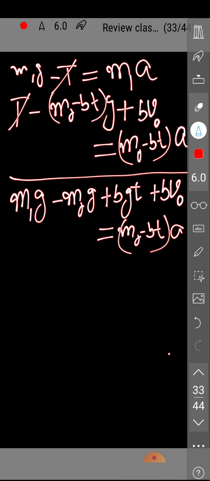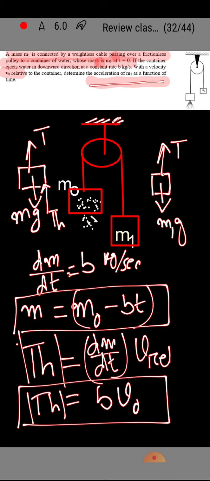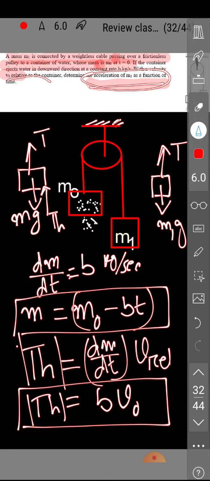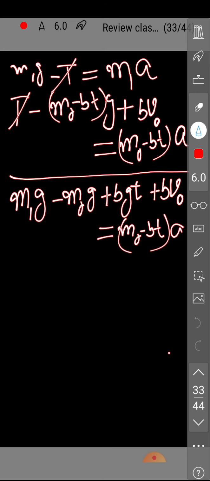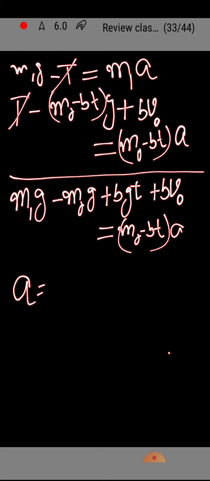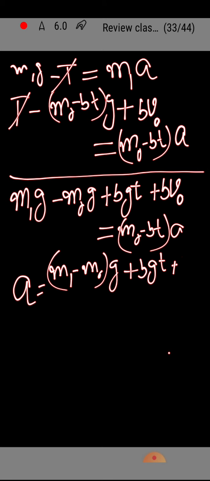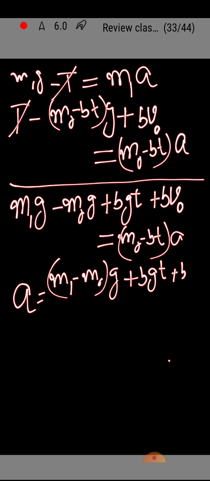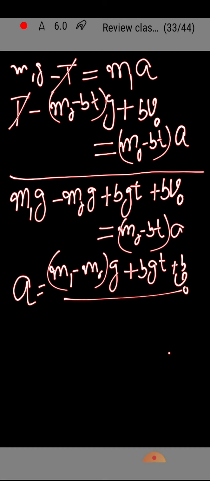Let's see what the question is saying. The question says to calculate the acceleration as a function of time. So the acceleration can be written as a equals (m1 minus m0) g plus bgt plus b v0, divided by m0 minus bt.